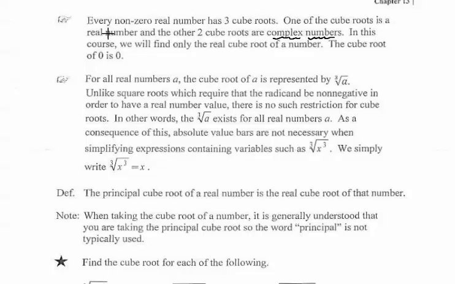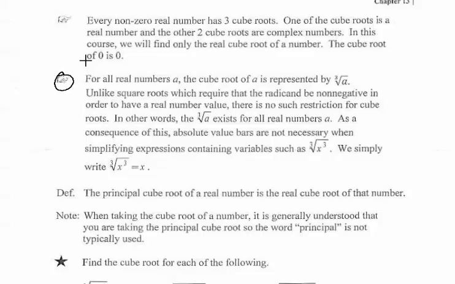But the 1 is our real number. So on the previous page, we said the cube root of 27 equals 3. This is our only real number result of the cube root of 27. There are actually 2 other numbers, but they are complex numbers. We want to focus on the real numbers.